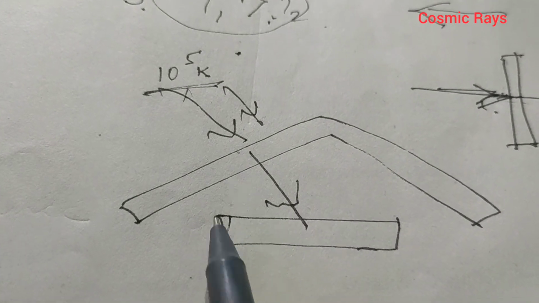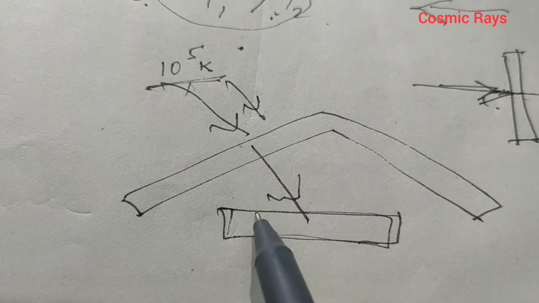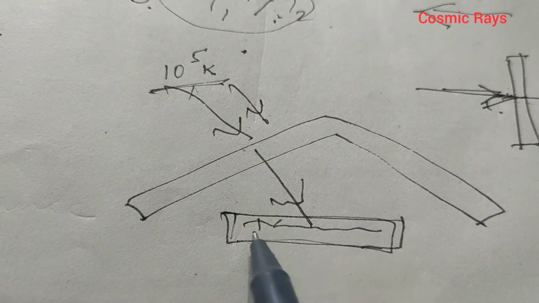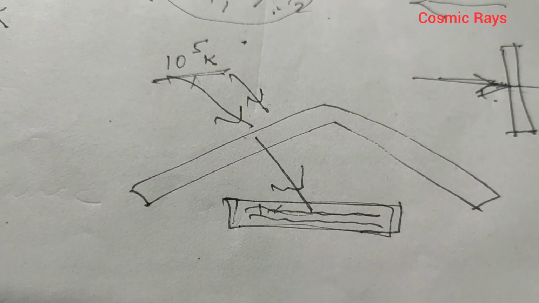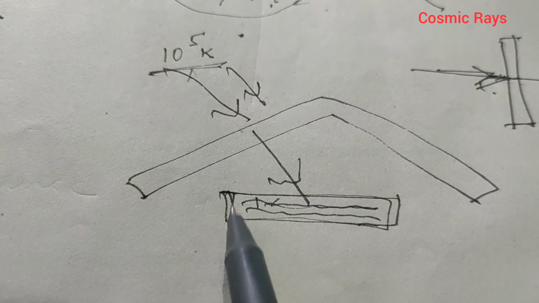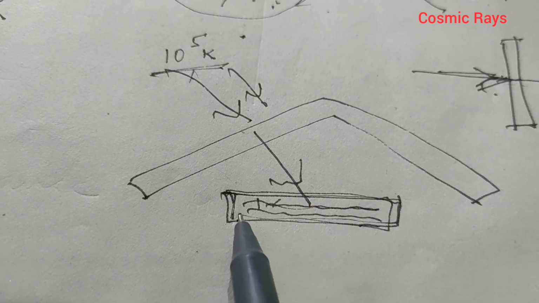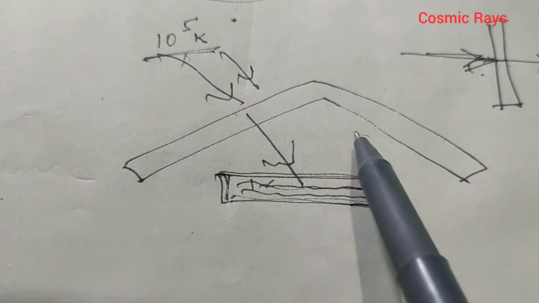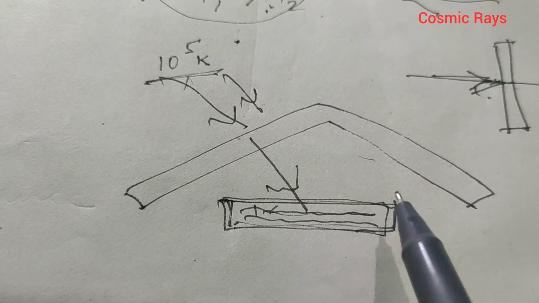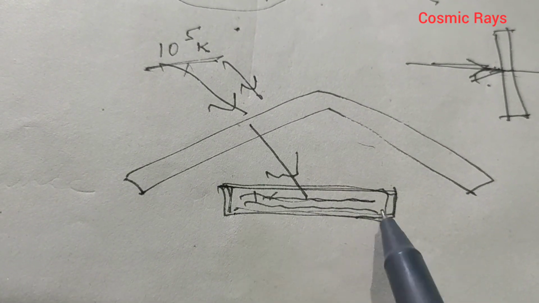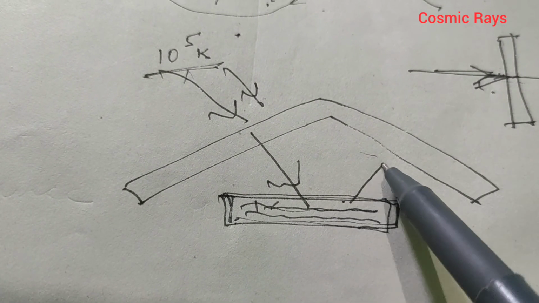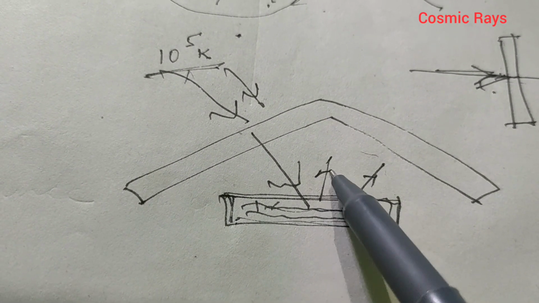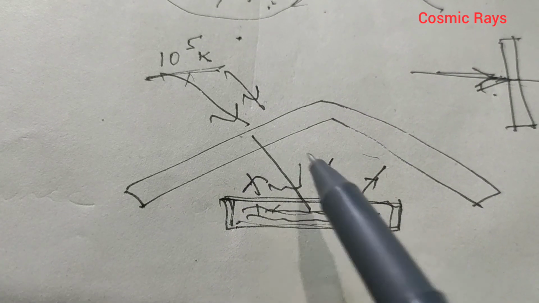This surface initially absorbs all the radiation incident on it. After a certain time, the temperature of this substance becomes higher than its surrounding, and it starts to radiate energy.